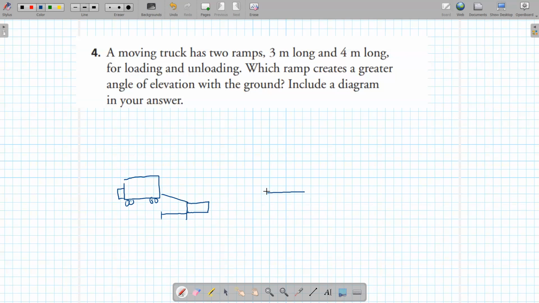So you have a ramp that is 3 meters and you have a ramp that's 4 meters. See that? Which one has a higher slope? The second one. The more vertical it is, the higher its slope.